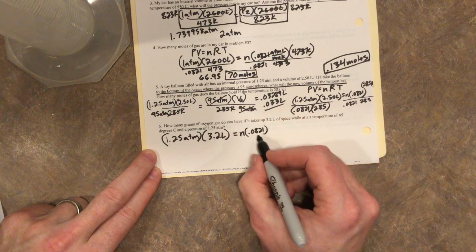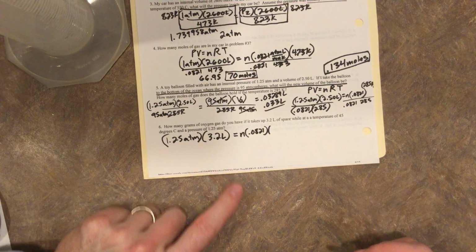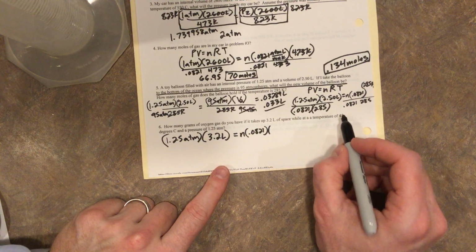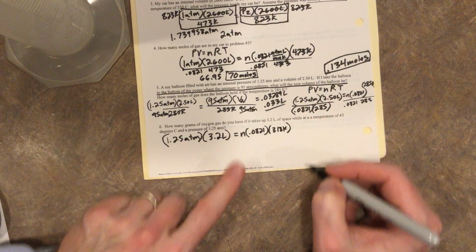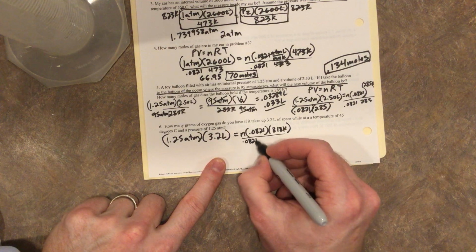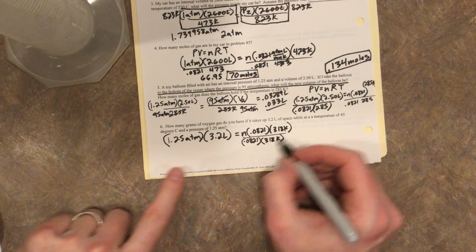For sake of space, I'm going to cut those units out. I'm sorry, unit police. Sorry to upset you. I'm going to times by the temperature, 45. I cannot put 45. I got to put 45 plus 273, so I'm going to get 318 Kelvin. Now, I've got to solve for this, so 0.0821 on here, 318 Kelvin, there.